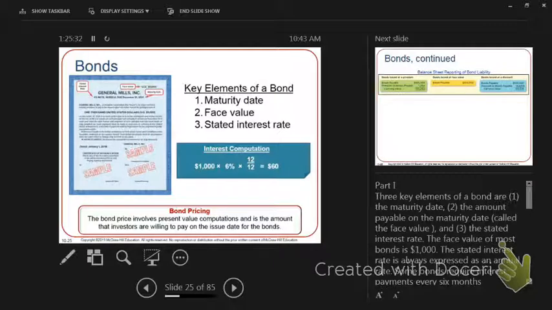A bond is said to be issued at a discount when it's issued at less than 100%. So, let's say a bond is issued at 95%. If a bond is issued at 95%, then you would say 95% of the face value. 95% of the face value is 95,000.